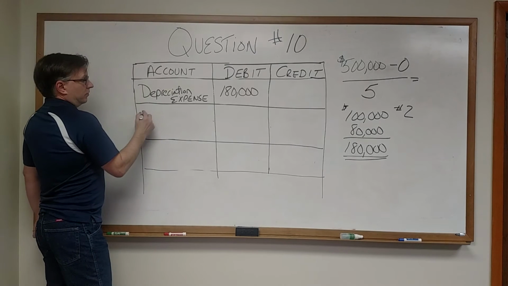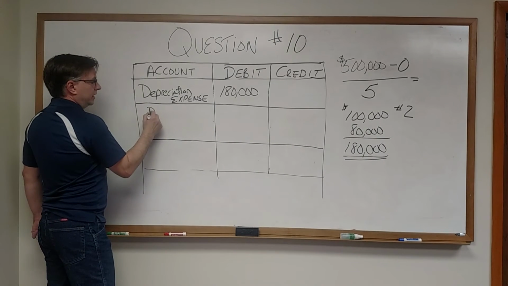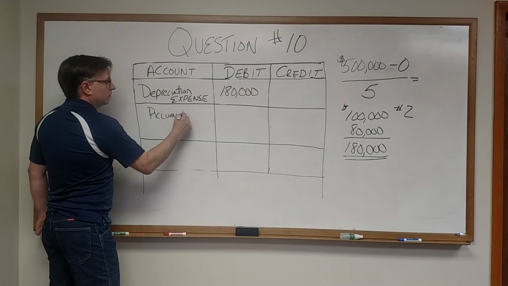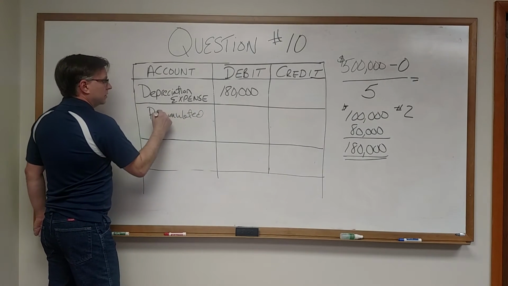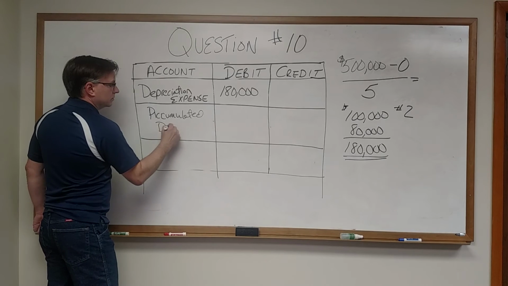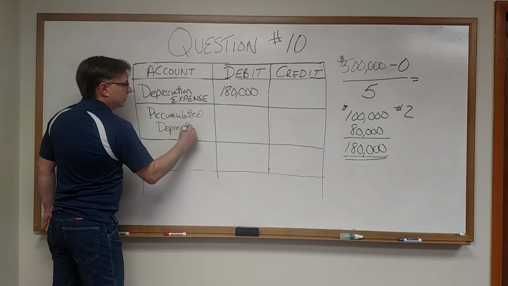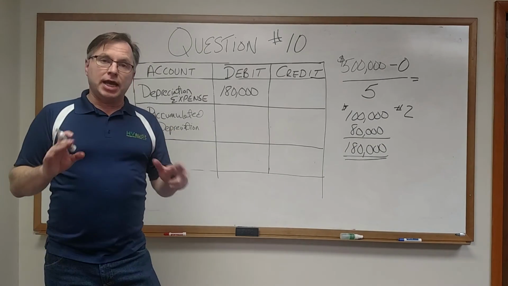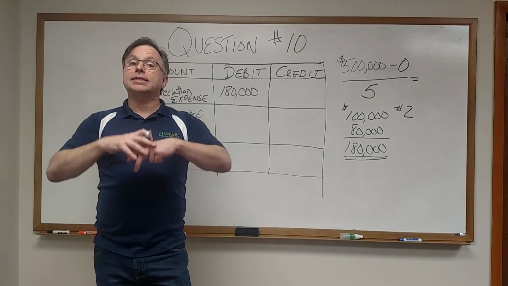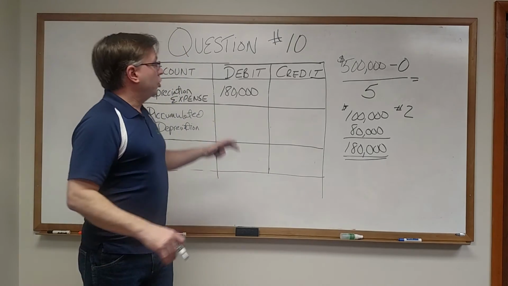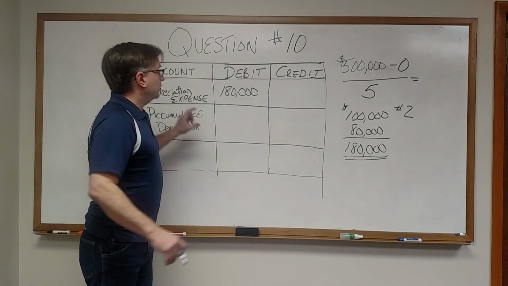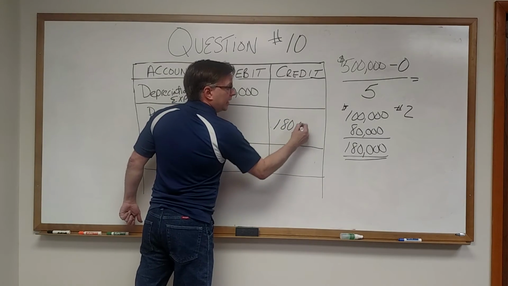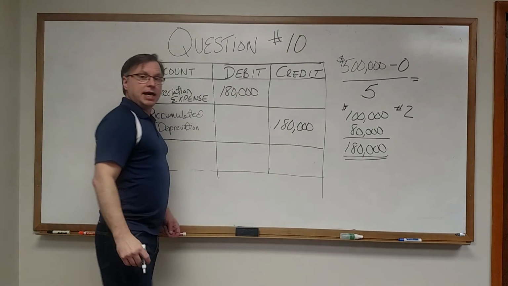And then depreciation is always credited with the accumulated depreciation account. And if you remember, accumulated depreciation is a contra asset. Contra means it acts the opposite of normal assets. Normal assets are debited. So the contra asset accumulated depreciation is credited for $180,000.